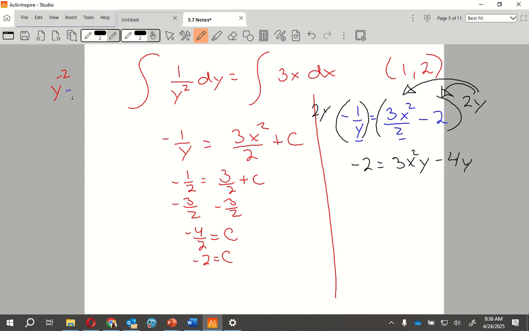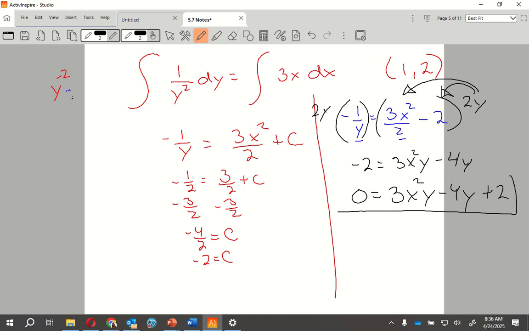And to write this problem correctly, I have it equal to 0. It must be equal to 0. You're really not going to take out the y's and try to make it into a y equals problem. You're going to set it into a relation of 0 equals 3x squared y minus 4y plus 2.